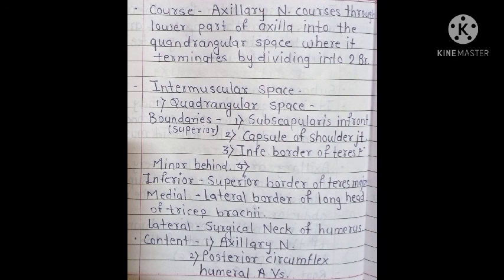Inferiorly, superior border of the teres major. Medially, lateral border of the long head of the triceps brachii, and laterally the surgical neck of the humerus. Contents of the quadrangular space are axillary nerve and posterior circumflex humeral vessels.